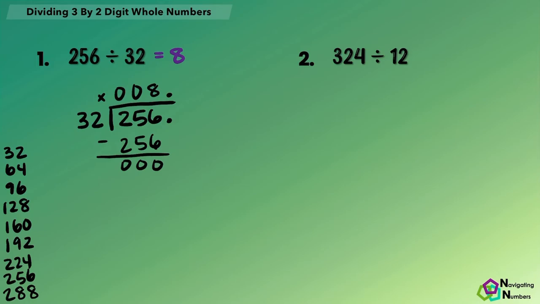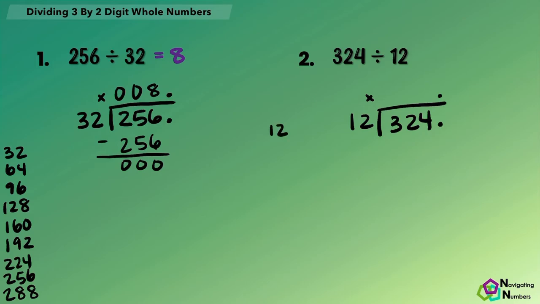Moving on to number 2. We have 324 divided by 12. Here my dividend is 324 and my divisor is 12. So here we need the multiples of 12.